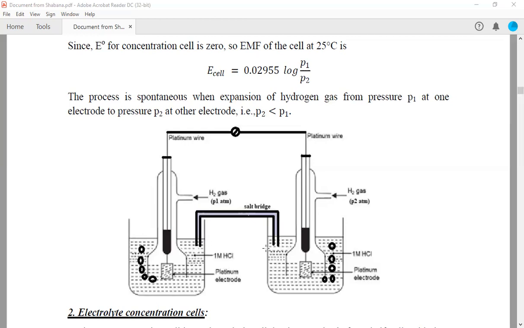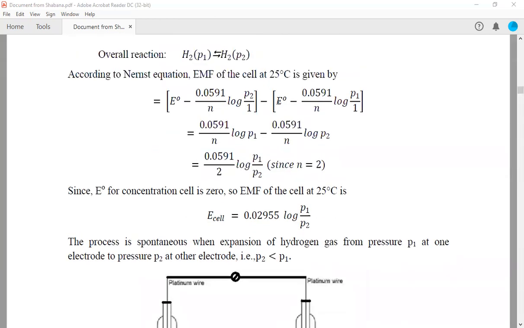The EMF of the cell is calculated by using the Nernst equation at 25 degrees centigrade, which is given by E equals E naught minus 0.0591 by n log P2 by 1, because we take the concentration as 1 molar HCl at the pressure P2. I already told you that E cell is equal to E right minus E left.